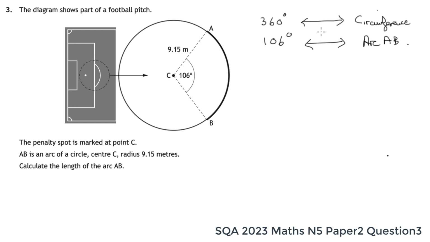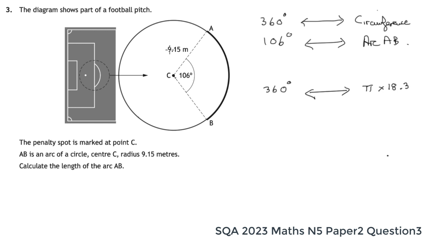Now, that we can use as the basis of calculating the length of this arc, because 360 degrees goes with the circumference, and we know how to calculate the circumference. It's pi times the diameter. Now, the radius we know is 9.15, so the diameter will be twice that, which is 18.3. So pi times the diameter, 18.3.